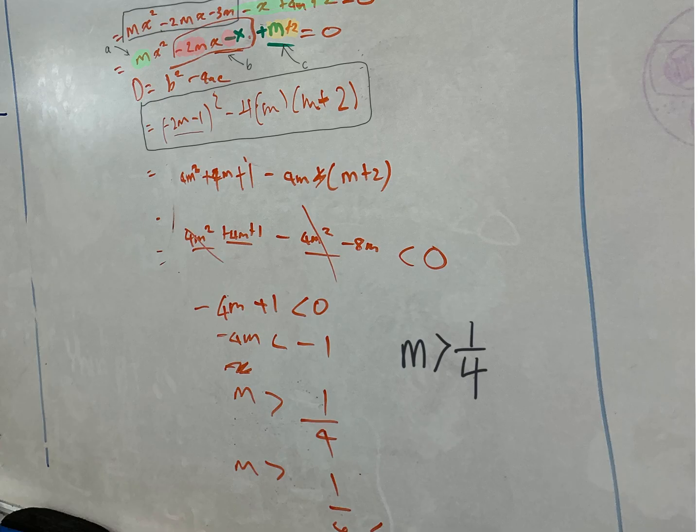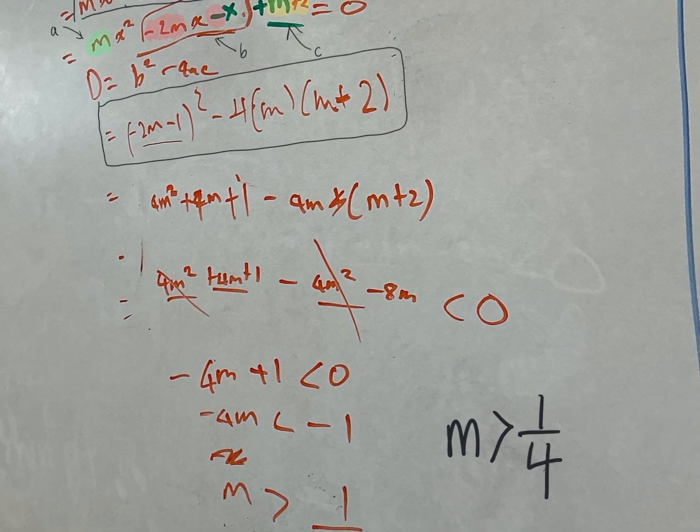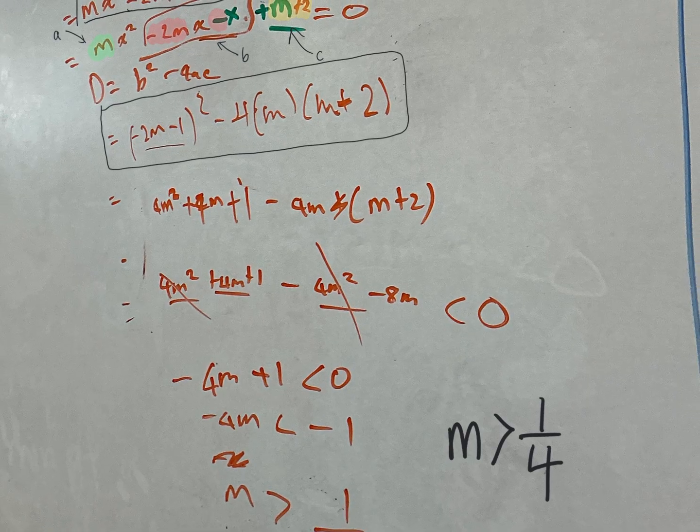Or zoom in. Okay, here until here. This is your B squared minus 4AC. Why is there suddenly a... This is a plus, right?